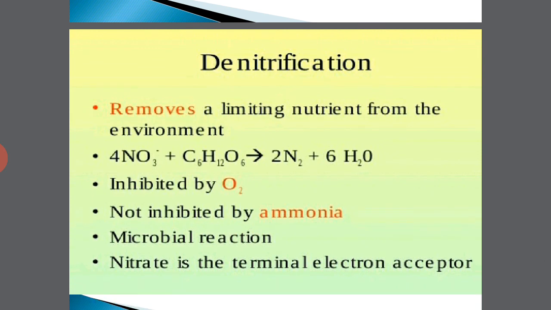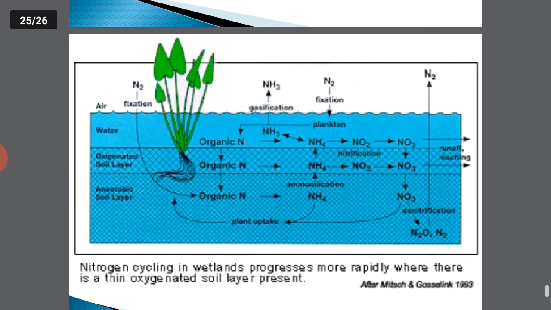Denitrification removes the limiting nutrients from the environment. You can see this equation also. It is inhibited by O2, not inhibited by ammonia. Microbial reaction, you can see. Nitrate is the terminal electron acceptor. Another diagram you can see over there also.